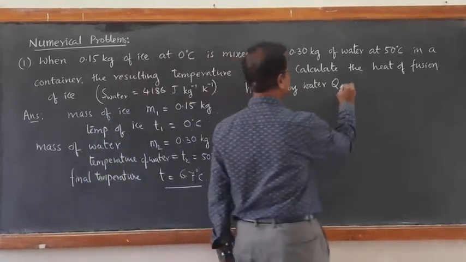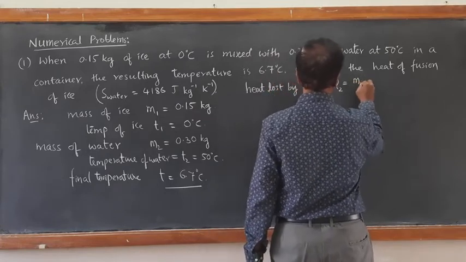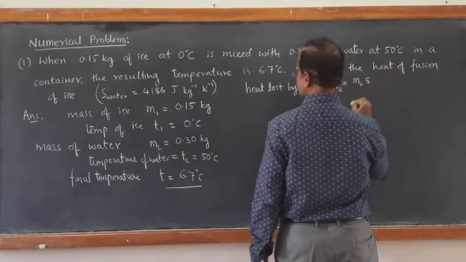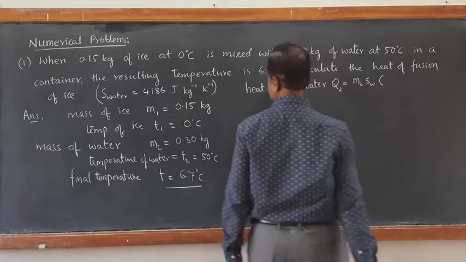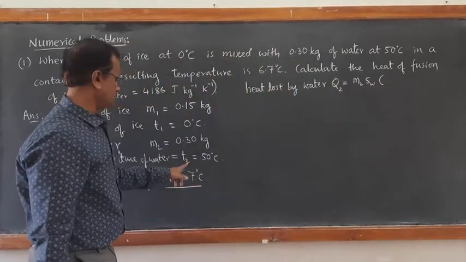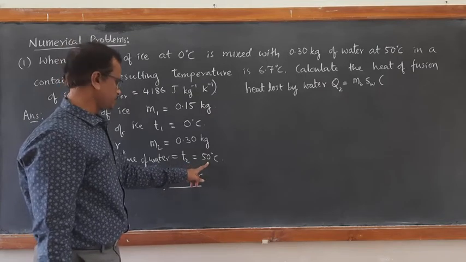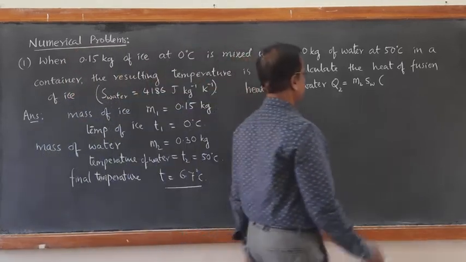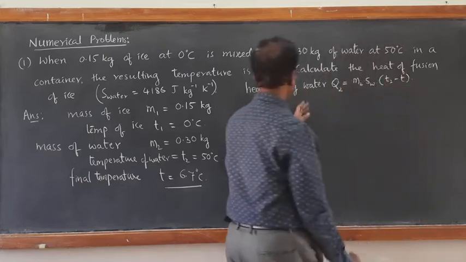Q2 is equal to M2, mass of water, into specific heat of water, SW, into T2 minus T, because the temperature here is 50 degrees, that is the initial temperature, it loses heat and finally it becomes 6.7. So T2 minus T. So this is the heat lost by water.